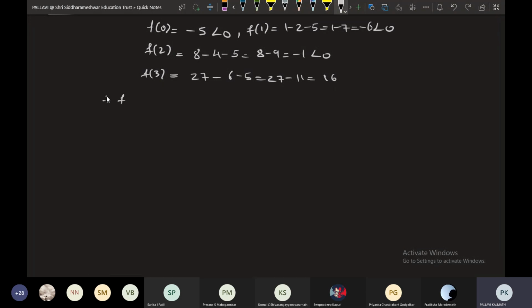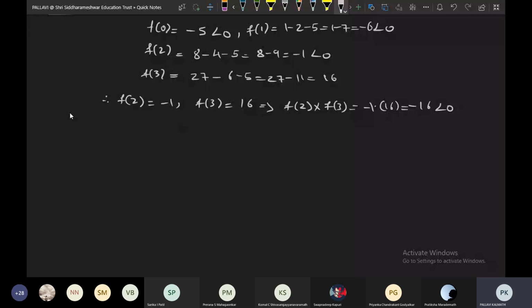So write down. Therefore, f of 2 equals minus 1 and f of 3 equals 16, implies f of 2 into f of 3 will be minus 1 into 16, which is minus 16, so less than 0.